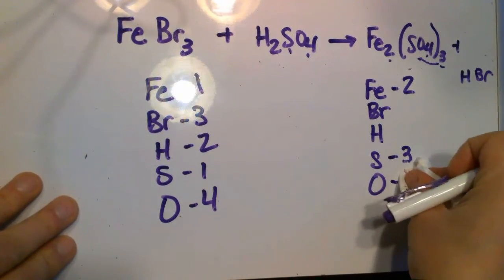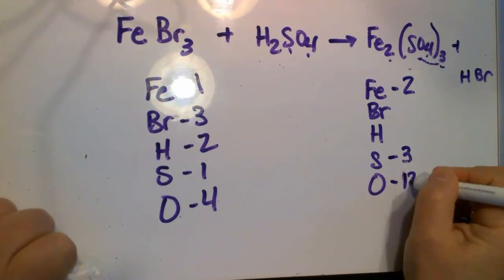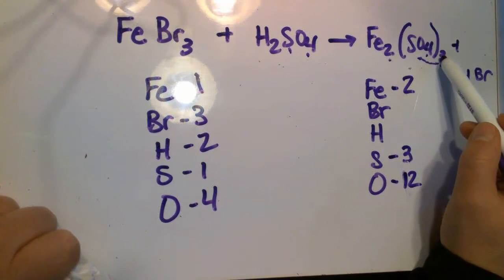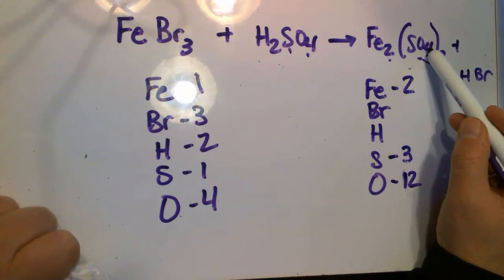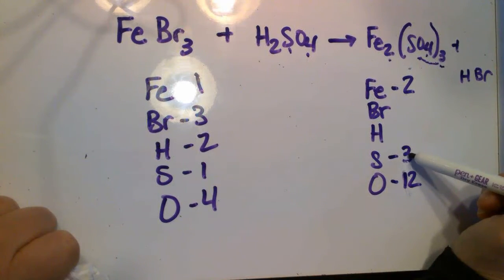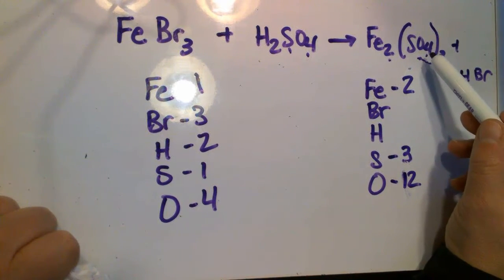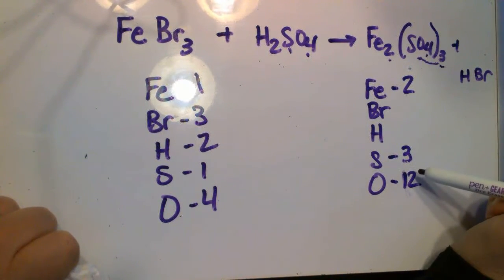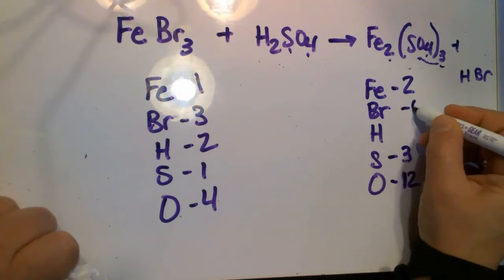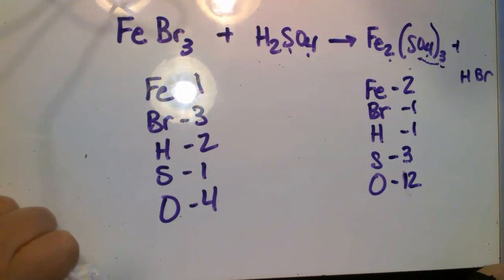Sorry, 3 times 4 would be 12. Okay, so when you look at this polyatomic, you got to take this number and multiply by each one of the individual elements. So 3 times 1 sulfur is 3. 3 times 4 oxygen is 12. And then over here we have 1 bromine and we have 1 hydrogen.